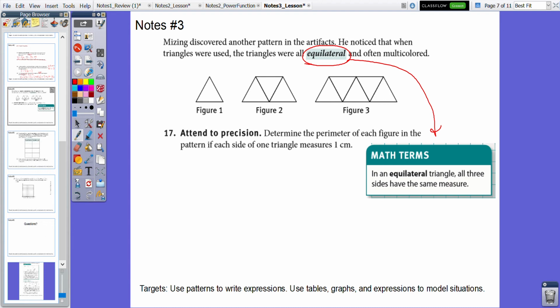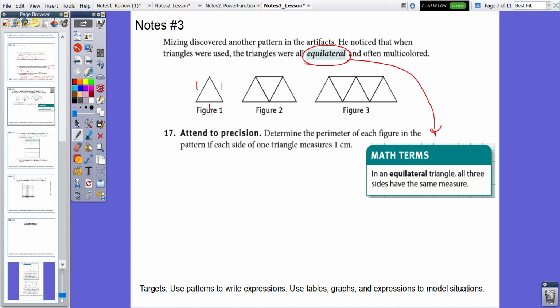So in this case, if we're looking at the figure right by number 17 at the bottom of page 11, what you want to notice is this. If they're all equilateral, that means we can say this is one here, this is one here, and this is one here. Let's assume that for right now.